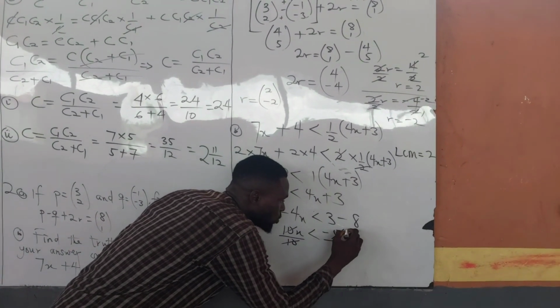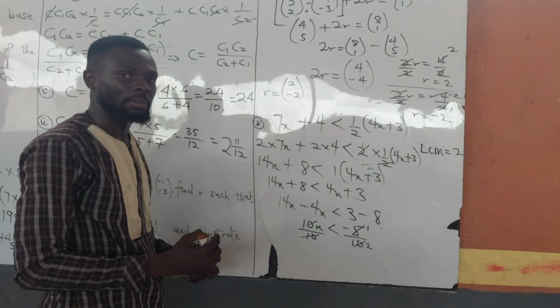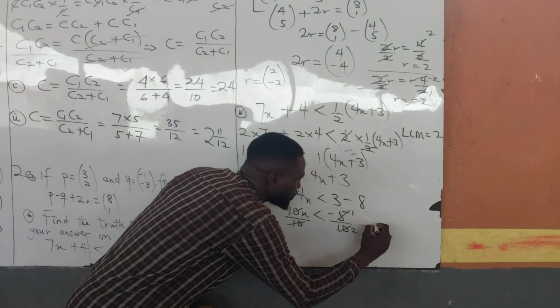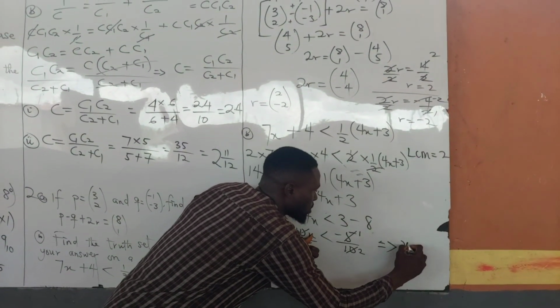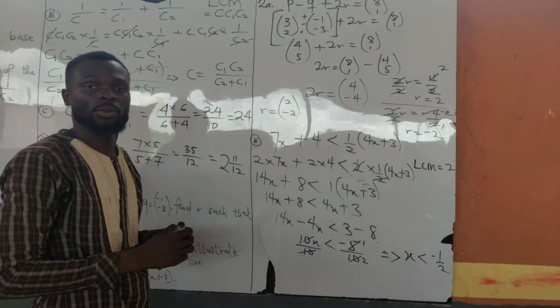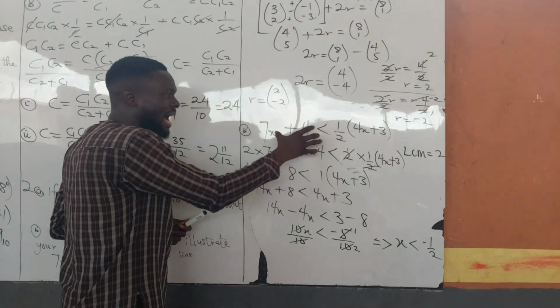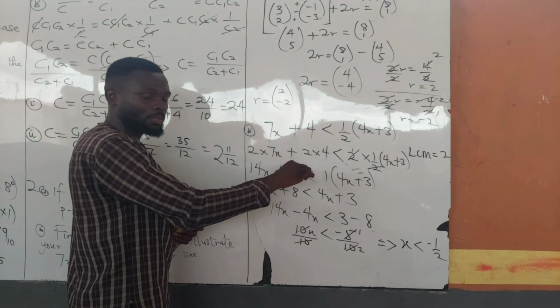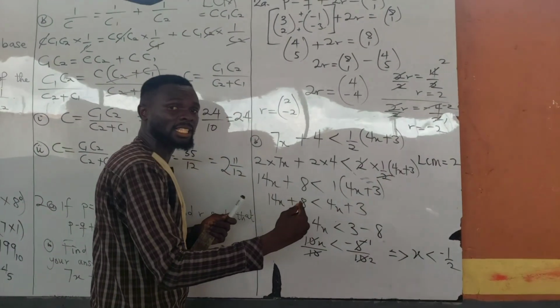Now 5 will go into each of 1 and 10 2 times. And now you are having x to be less than negative half, or negative 1 over 2. Now we should also know that under the linear inequality, the sign changes when you divide through by a negative.